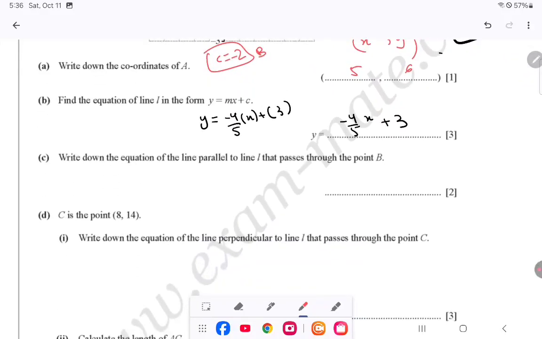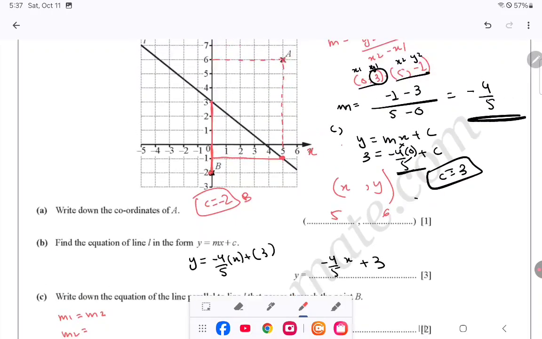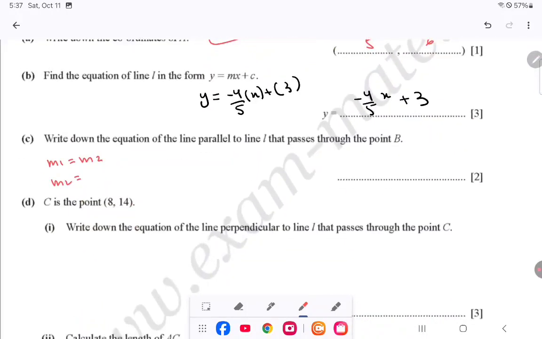Now the equation is parallel to the line, so the slope m1 is equal to the parallel line slope m2. m1 is negative 4 over 5.